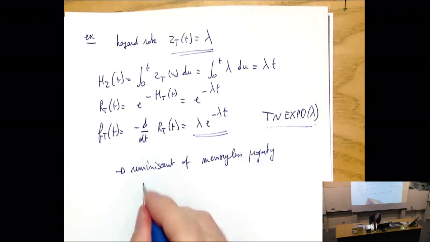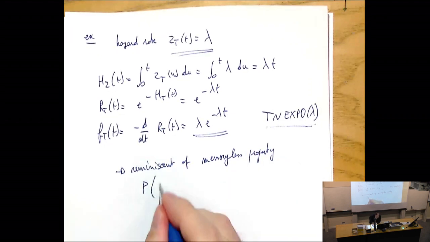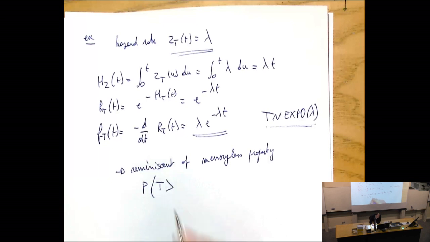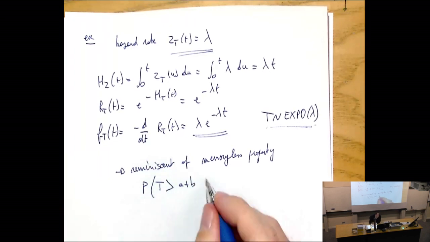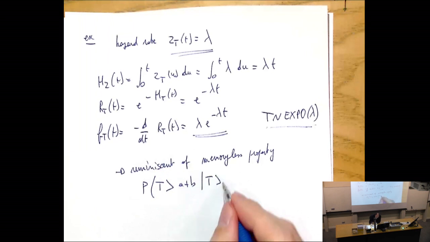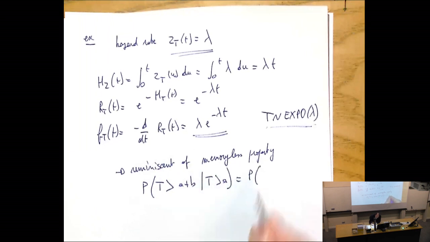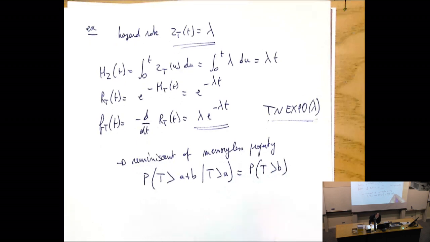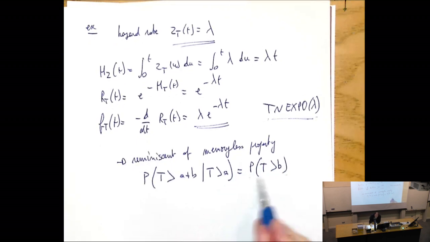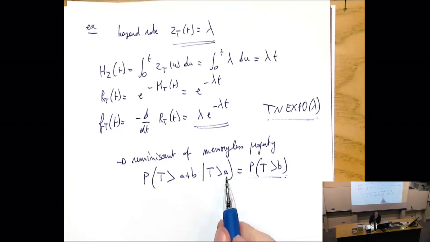Where remember, in the memoryless property, we said if t is exponentially distributed, the probability that t is larger than a plus b, given that t is larger than a, is equal to the probability that t is larger than b, right? This quantity is not a function of a anymore, right?